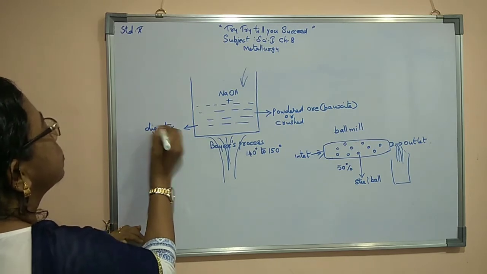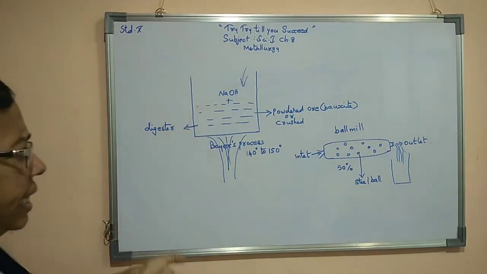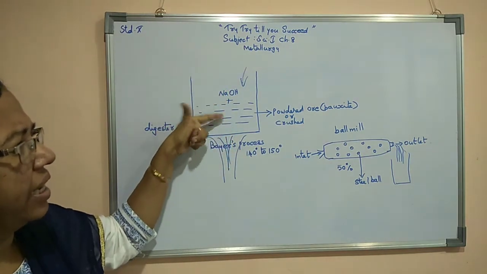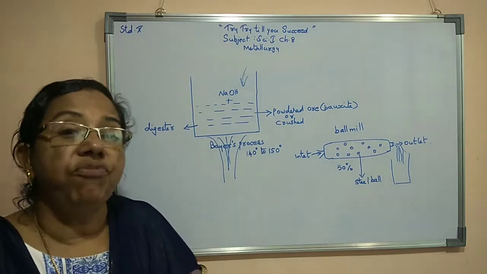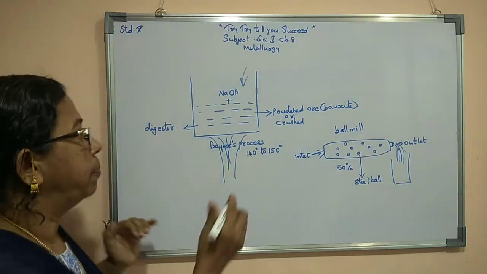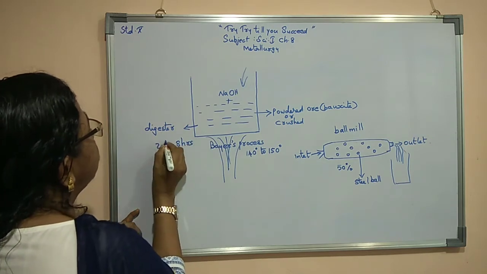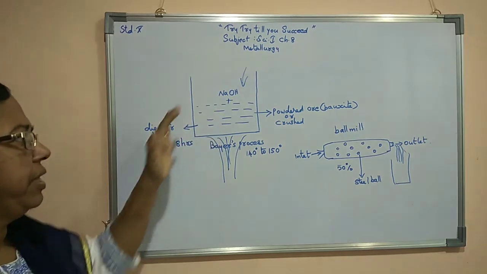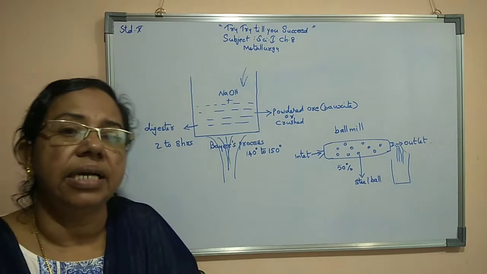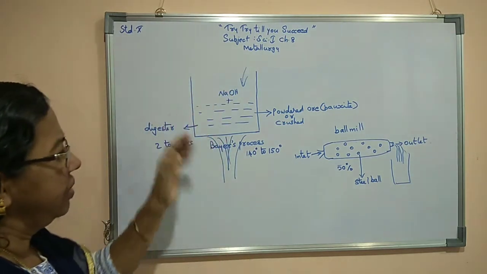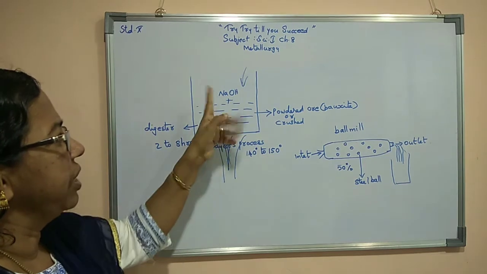We can say that this reaction of sodium hydroxide with bauxite ore will take place for up to 8 hours, I can say. That is 2 to 8 hours this process will be taking place inside this digester. Now, how much temperature do we have to supply constantly? Up to 150 degrees Celsius.